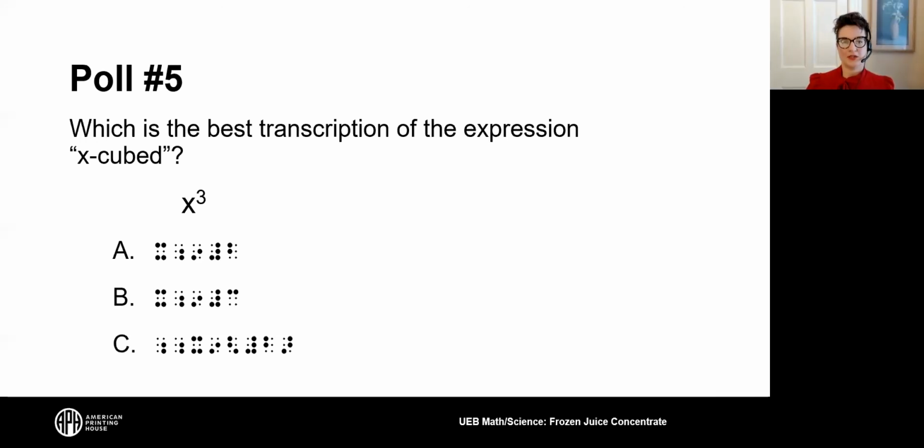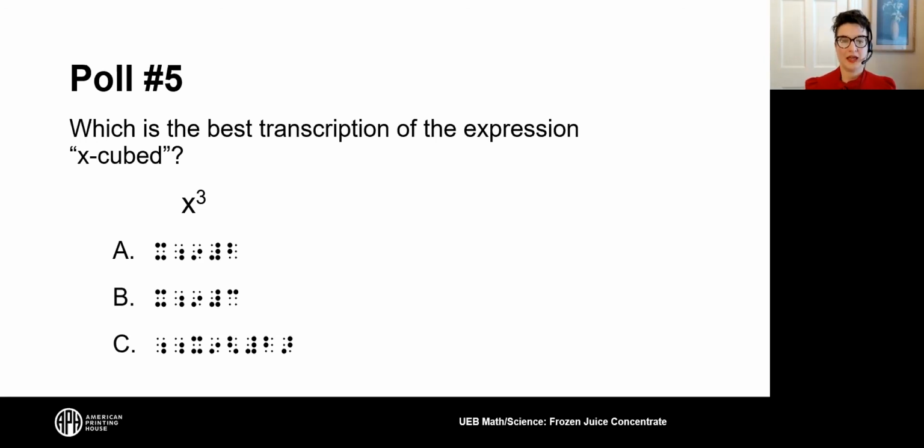So our options here differ in two ways. Answer choices A and B both have the letter X followed by a grade 1 symbol indicator, and then the cell dots 3, 5. Answer choice A has that dots 3, 5, followed by numeric indicator, dots 1, 2.